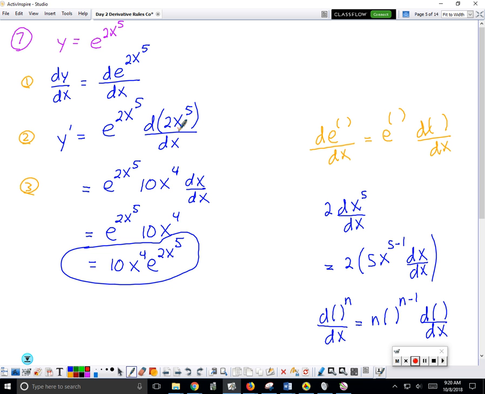The power rule would require that you have something to a number, and here I don't. I have 2 multiplied by something to a number. So I use the constant rule first, which says derivative of constant multiplied by something is equivalent to constant multiplied by derivative. So this becomes this, and then this portion is the power rule. Okay. 2 points.